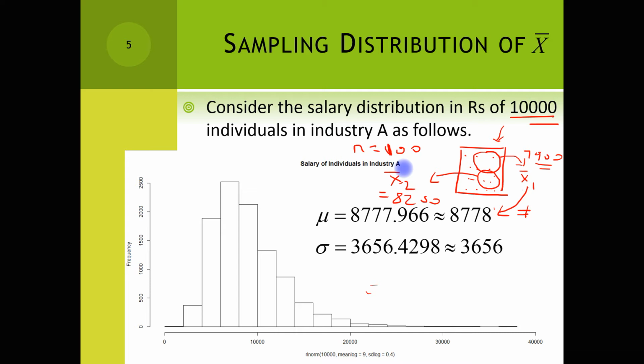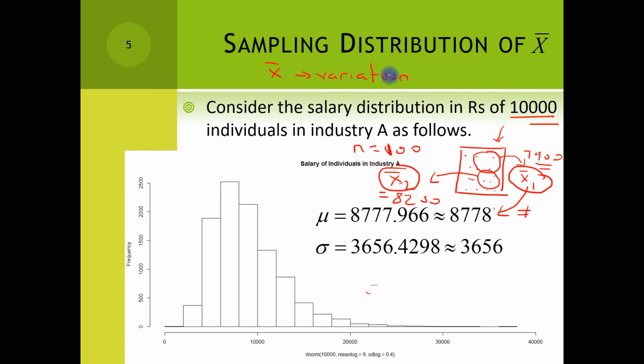And if you have several possible samples, it means that you would have had different possible values of x bar depending on how many samples you would have drawn. And if you can have different values of x bar, this means that x bar varies. There is variation in x bar.